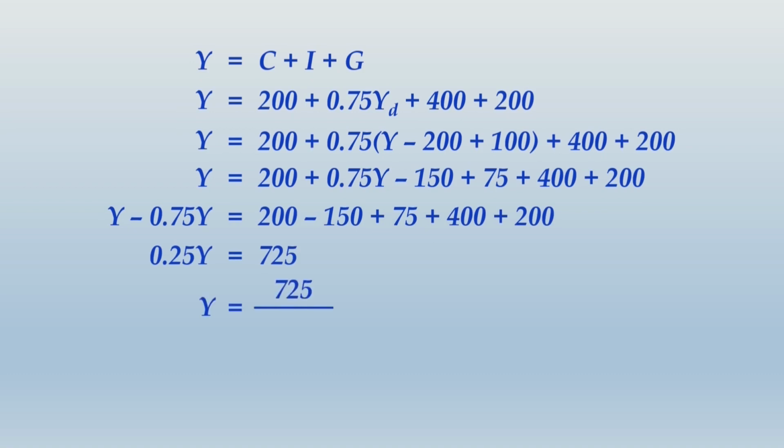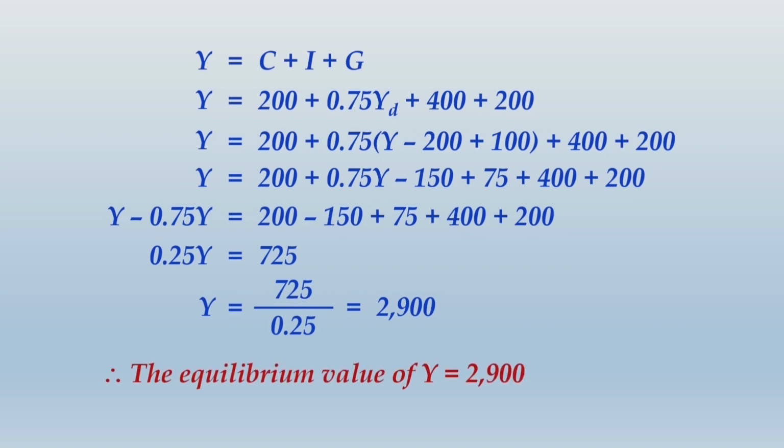So Y will be 725 divided by 0.25, and that would give you 2900. So equilibrium value of Y or equilibrium income will be 2900. So if at all somebody asks you what would be the value of the multiplier over here, simple logic is it will be the inverse of 0.25, and that will be basically 4 times.